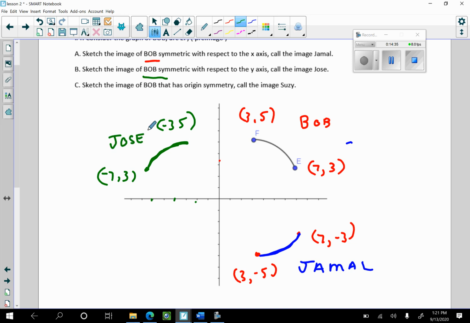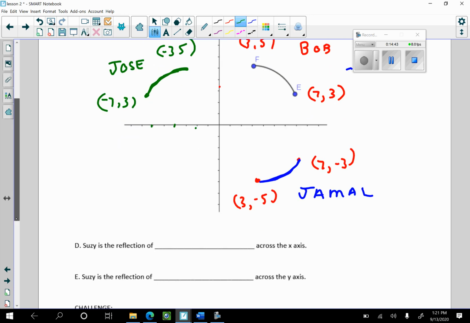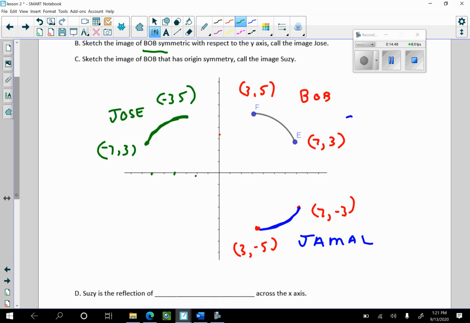Okay. And now I want to sketch the image of Bob that has origin symmetry. Origin symmetry is 180-degree rotational symmetry, but all I need to know is that both of the coordinates change their sign. I'll use this purple color, and I'm going to go to -3, -5, 1, 2, 3, 4, 5, and it's going to be right here.